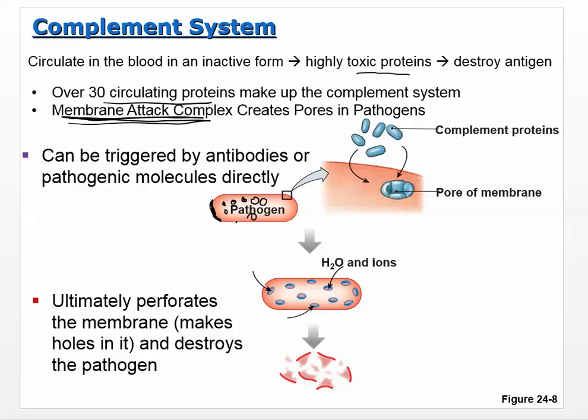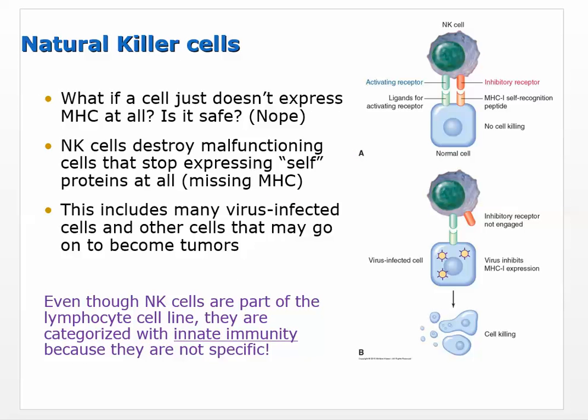Ultimately, it pokes holes in it, perforates the membrane, and destroys the pathogen. That's what complement does: circulating in blood, membrane attack complex, triggered by antibodies or just recognizing the pathogen, and it pokes holes in it. I think that's pretty reasonable to remember.